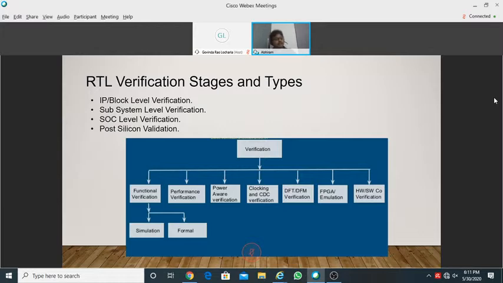And the next one is, as I already discussed, we have multiple clock domains. We need to do the clocking and clock domain crossing verification for all the asynchronous clock domains. So that is where this step is pretty important. And the next one is, since we have a huge amount of logic and a number of IPs, and each IP has its own features, how do we know which IP has a problem?